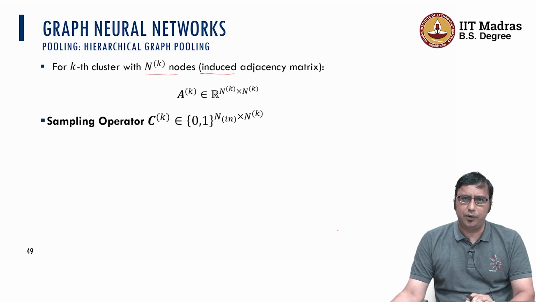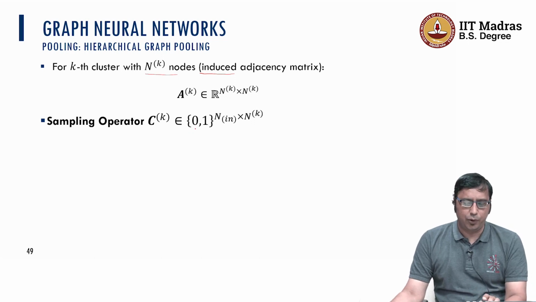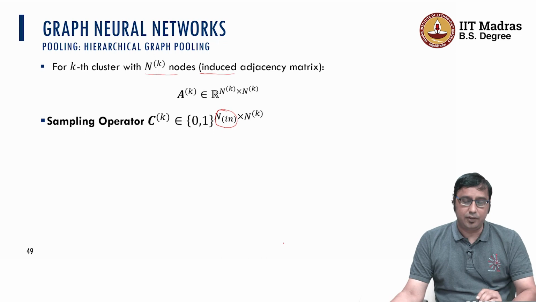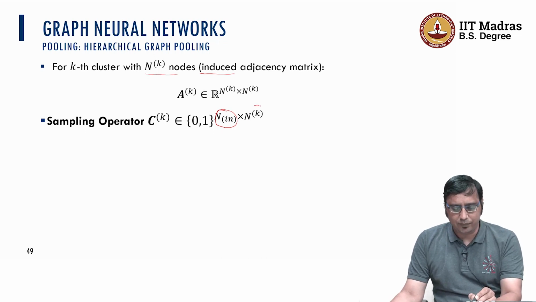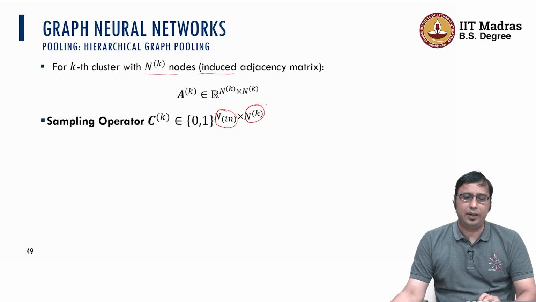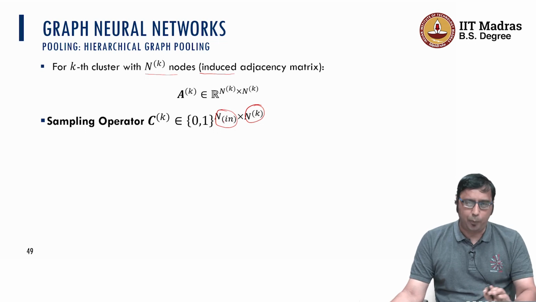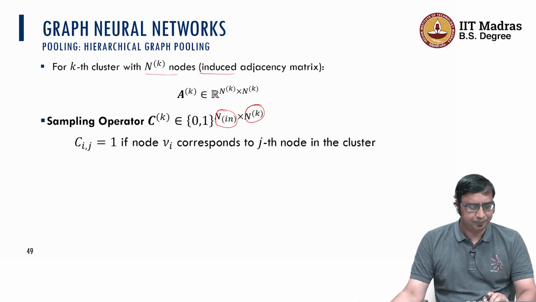What we'll do is define a sampling operator C_k, whose elements are either 0 or 1, with dimension N, which is the number of nodes in the input graph, by n_k, which is the number of nodes in the kth cluster. That's the dimension of my C_k operator, which is called the sampling operator.